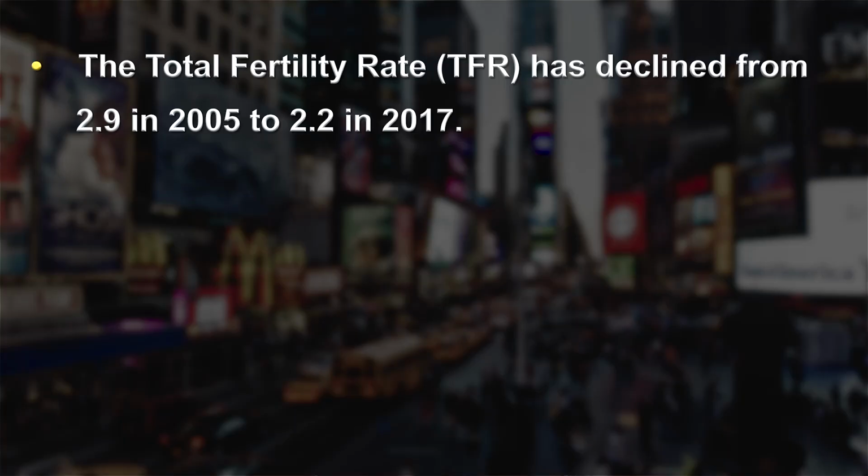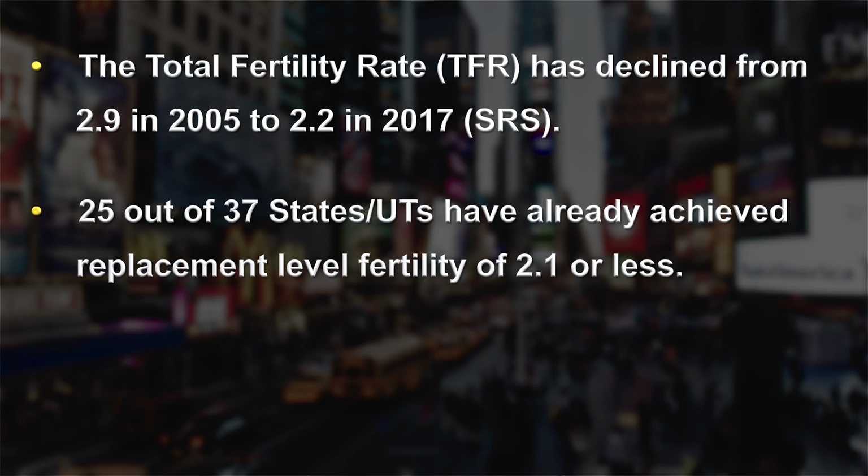As a result of the government's efforts, the successes achieved are listed here. The total fertility rate or TFR has declined from 2.9 in 2005 to 2.2 in 2017. 25 out of 37 states and union territories have already achieved replacement level fertility of 2.1 or less.